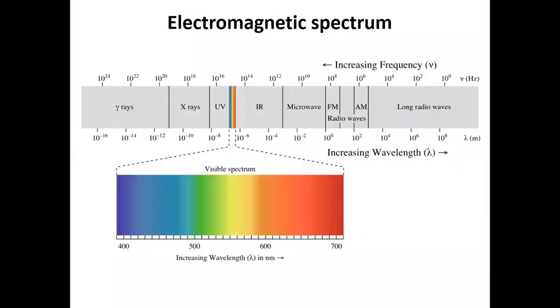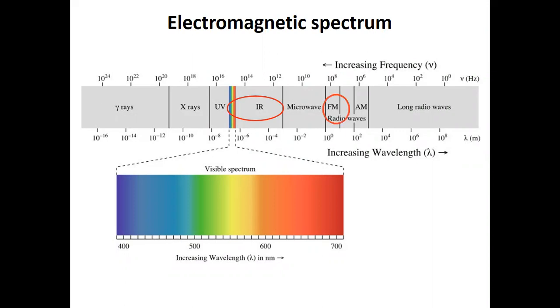And in the very end, I will just mention that before we mainly talked about the so-called optical images, which use that part of the electromagnetic spectrum, visible and infrared light.